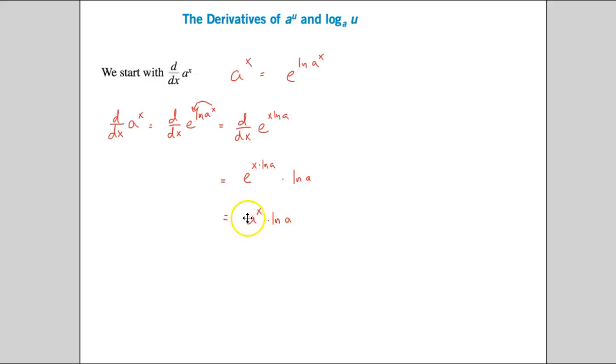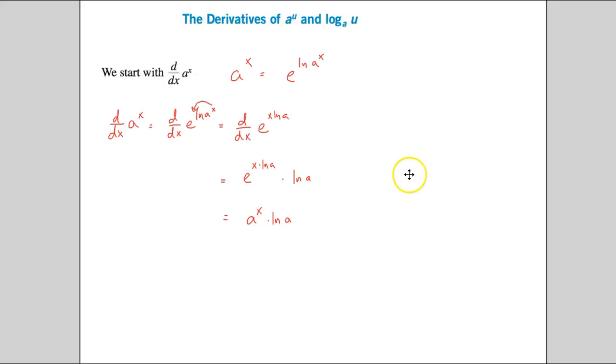So, for instance, if this were 2 to the x, 2 to the x, natural log of 2, 1/2 to the x, 1/2 to the x, natural log of a half, right? Natural log of a half is negative, so that means 1/2 to the x is going downhill, and it is, left to right.